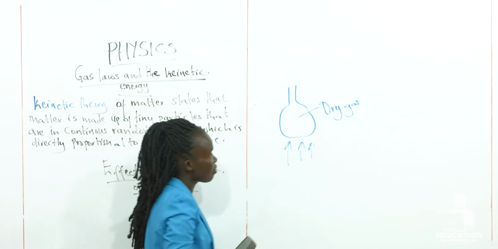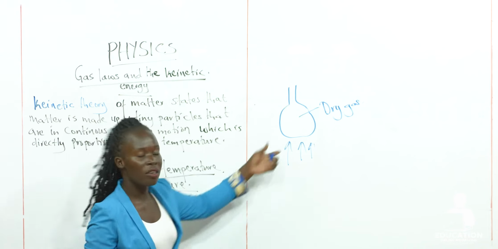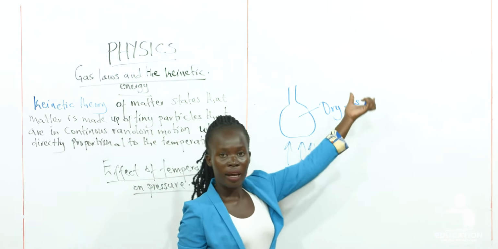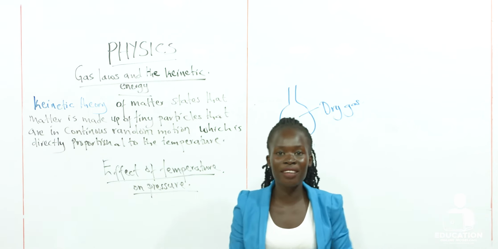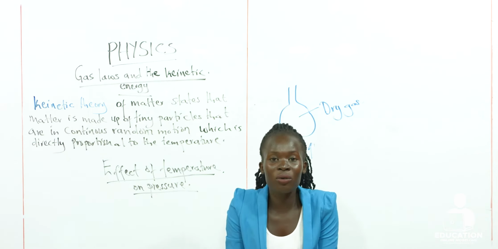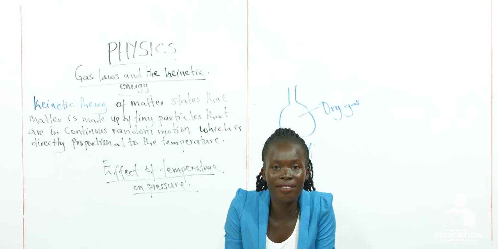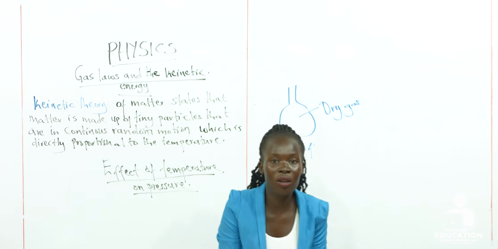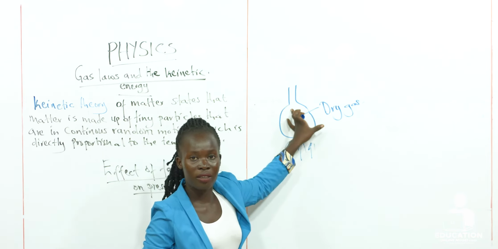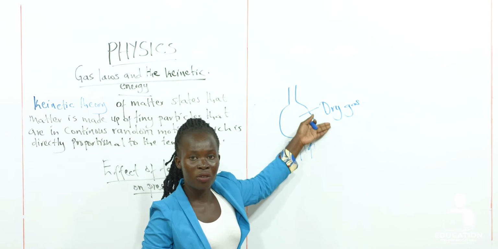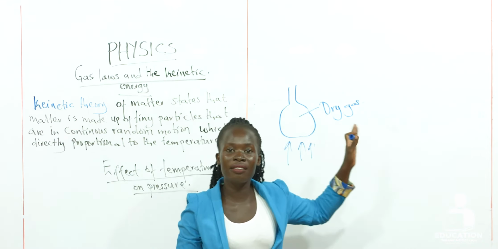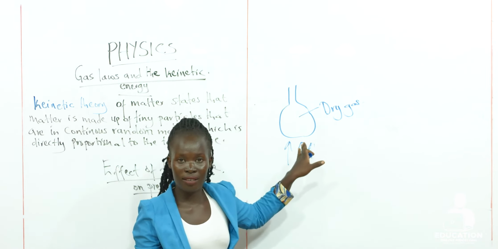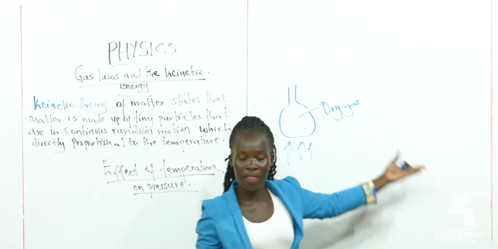Why dry gas? Because if it is moist, when you increase the temperature of a gas that is moist, what happens? It will escape as steam. It will all change and escape outside. So you see that when you reduce the temperature, it will condense back to water instead of maintaining its state as a gas. That's why we are using the dry gas.